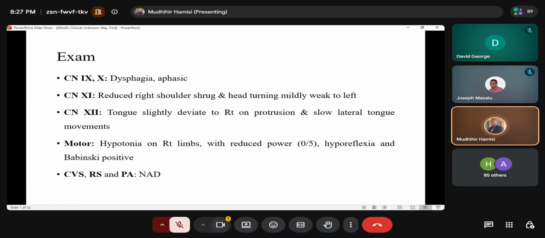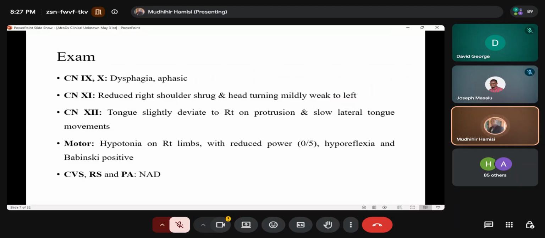Cranial nerves 9 and 10: he was dysphagic and aphasic. For the accessory nerve, he had reduced right shoulder shrug and the head turned mildly weak to the left. And the hypoglossal nerve, the tongue was slightly deviated to the right on protrusion with slow lateral tongue movements.